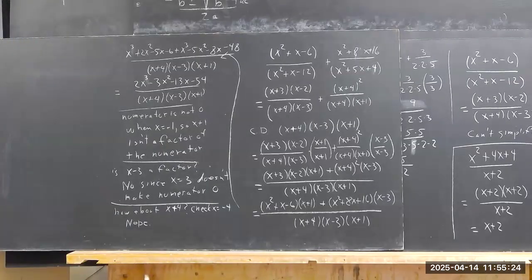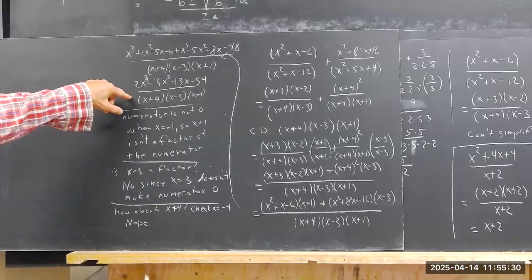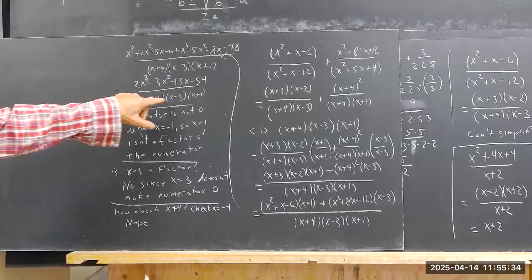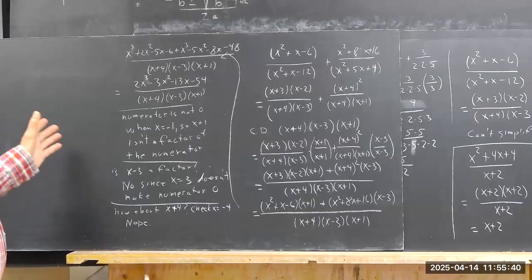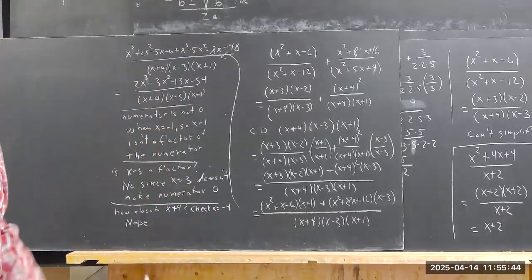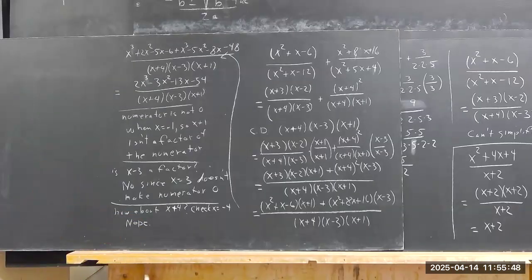We say no. So now I know that my fraction is in lowest terms. And if I wish, I can multiply out the denominator. Now this all assumes that I did the stuff I did in my head correctly. I think I probably did, but you want to check it.